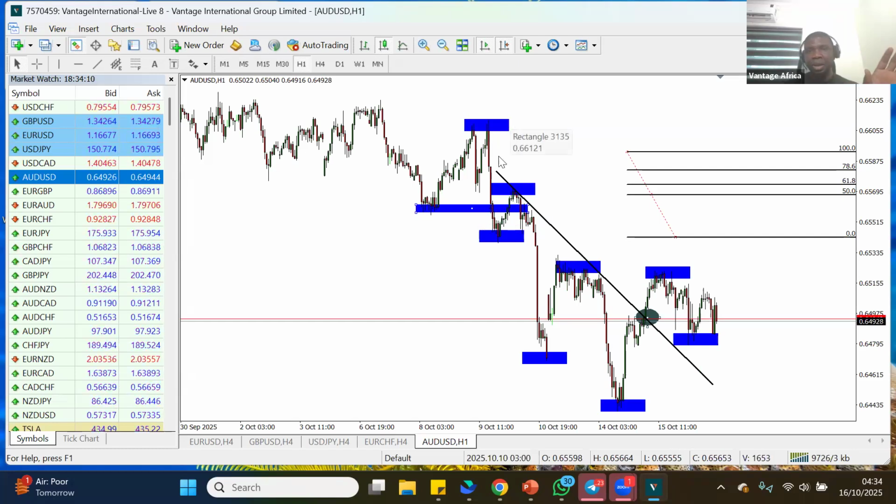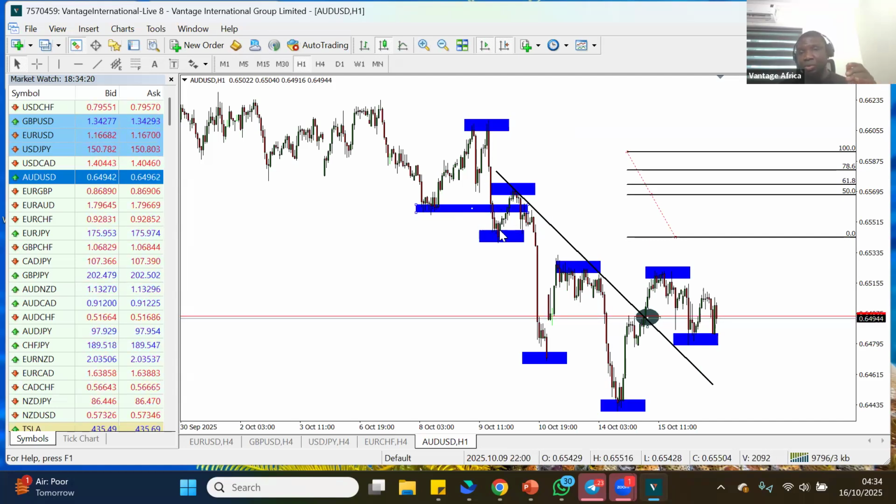But you see, price broke out of it. When price broke this level, we should expect to see price trending downwards, at least for some time.